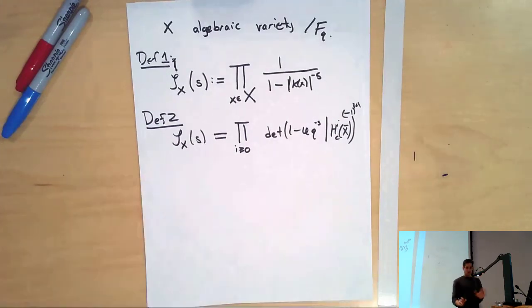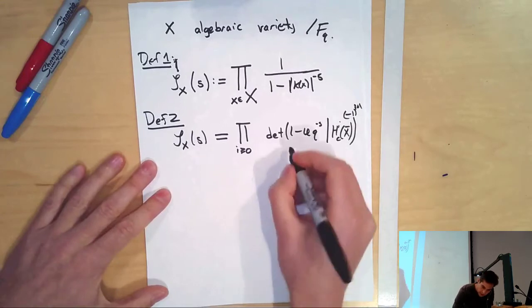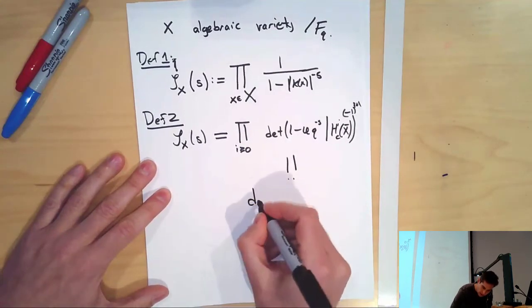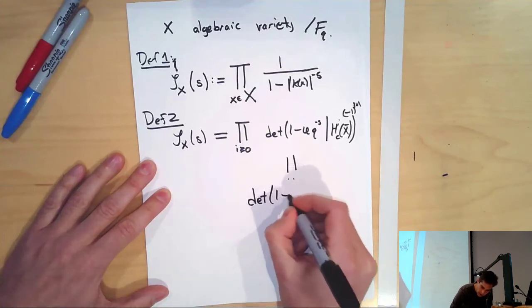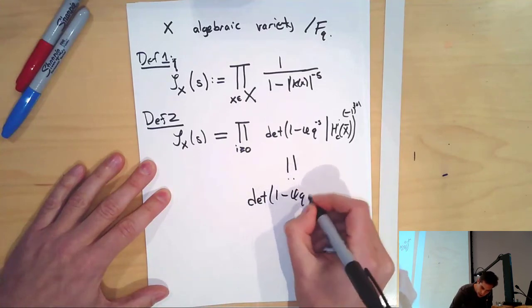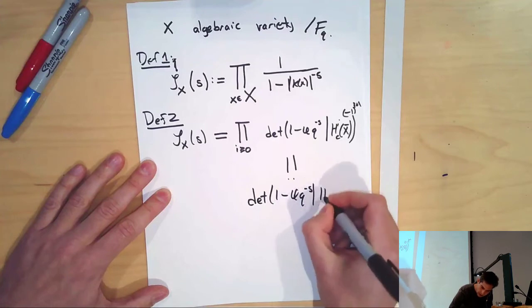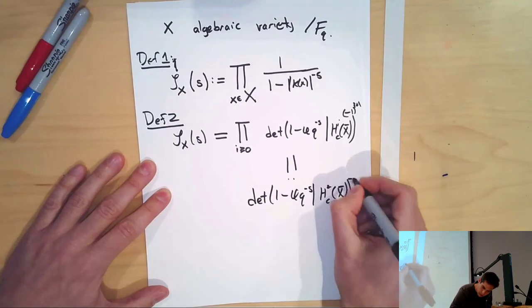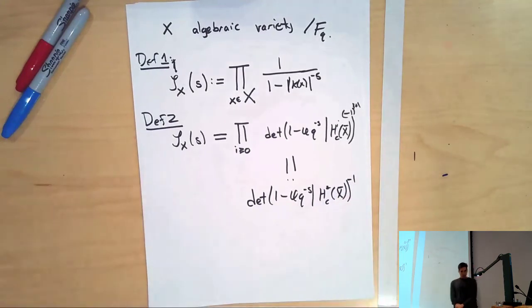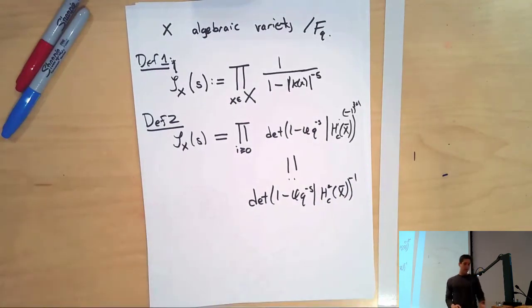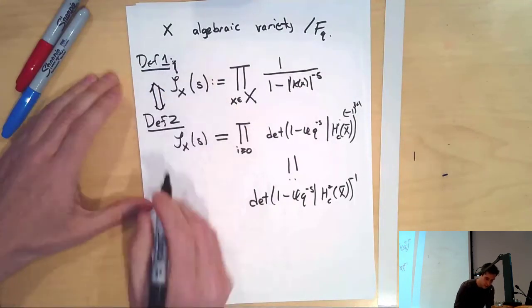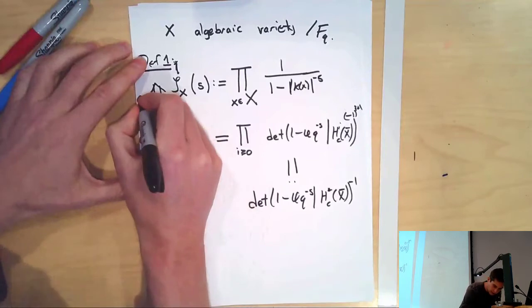So alternating products like this are going to appear a lot in this lecture, so I'm just going to give a name to this alternating product. I'm going to call this the determinant of 1 minus phi times q to the minus s on the cohomology of X, with an inverse sign. So the equivalence of these two definitions is a form of the Grothendieck-Lefschetz trace formula that I mentioned earlier.